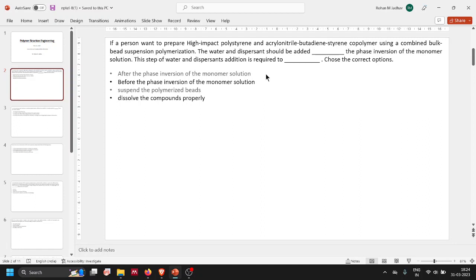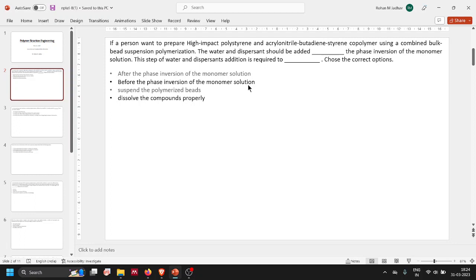So we know that during polymerization of styrene and acrylonitrile, when it's initiated, it is under continuous stirring until the phase separation or phase inversion occurs. Only after the phase inversion, in the final stage, are water and dispersant added to the system, and the polymerization is completed inside the suspension.